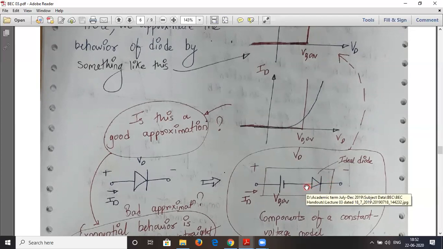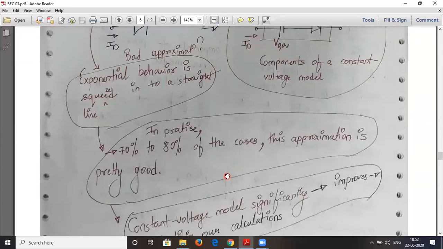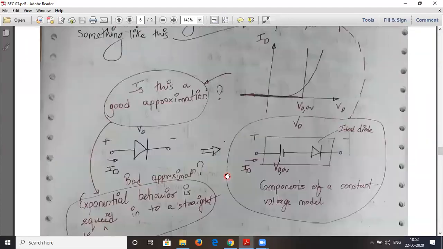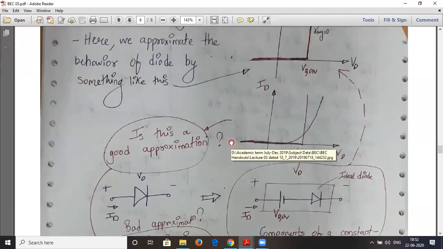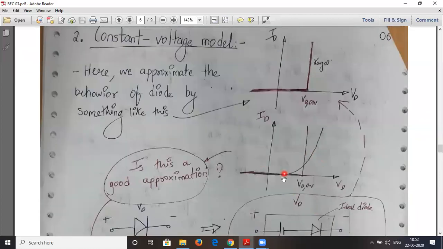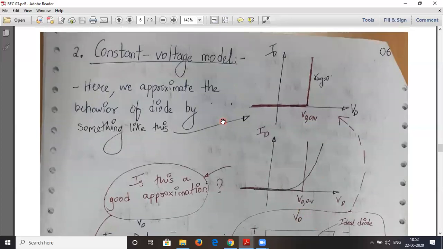if it is off. The value of this VD-ON typically lies in the range of 0.6 to 0.8 volts. Typically, we consider it to be 0.7 volts, the turn-on voltage of the diode. So that is what you mean by the constant voltage model.